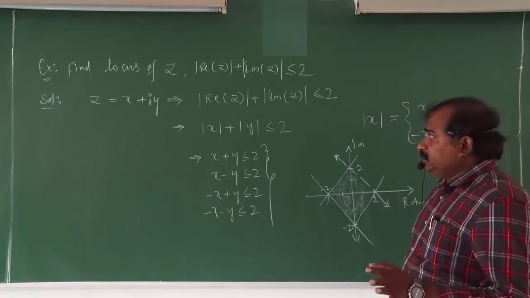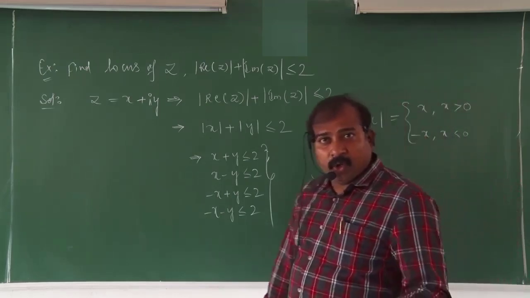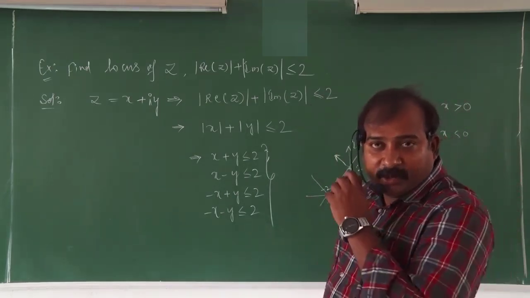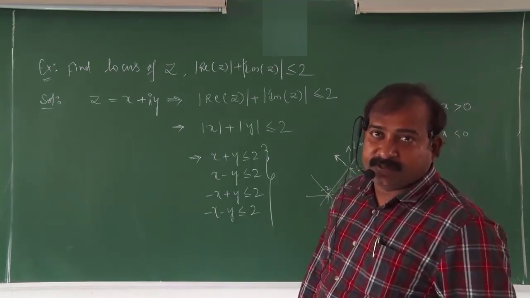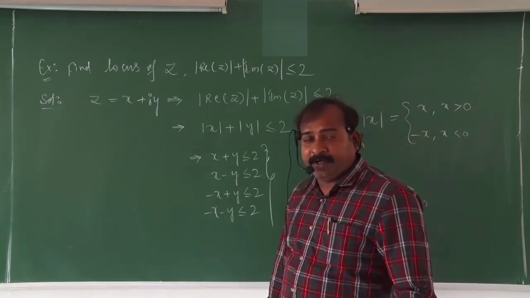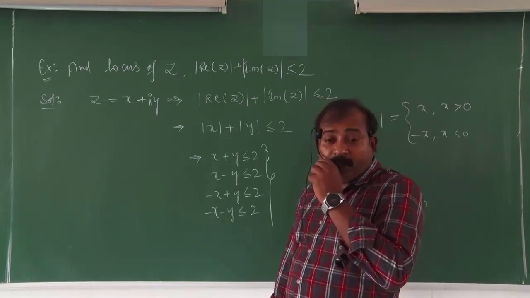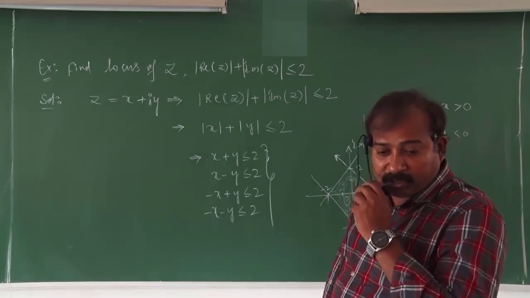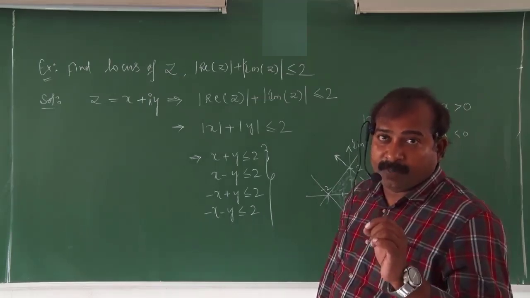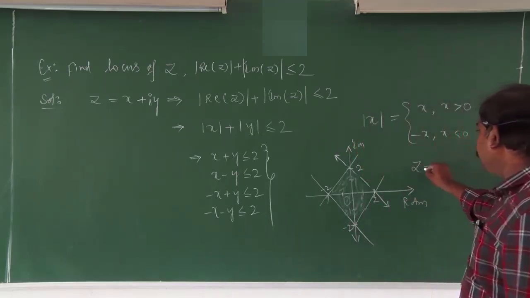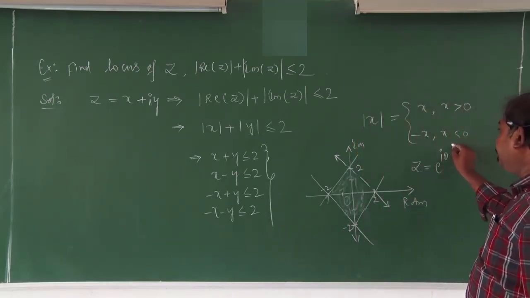So simple logic here: whenever they ask for the locus or the values of z, immediately you can take z equal to some x plus iy and replace. And in the previous lecture I gave one point: whenever they give a unimodular complex number, you have to take z simply equal to e power i theta.